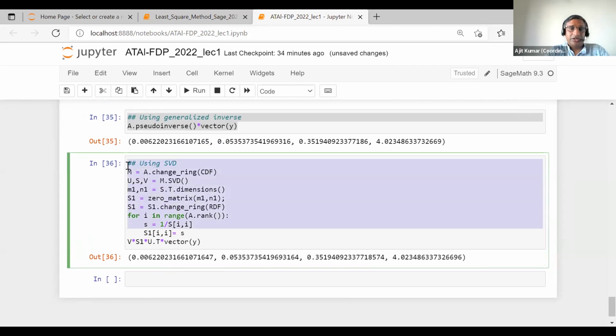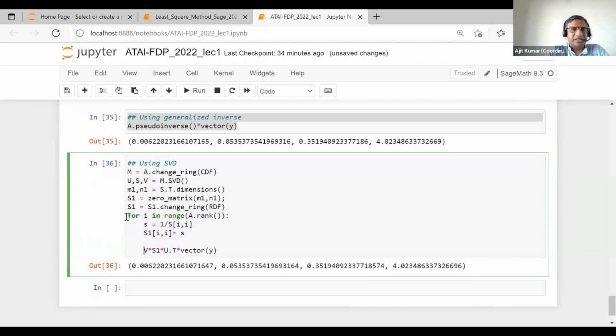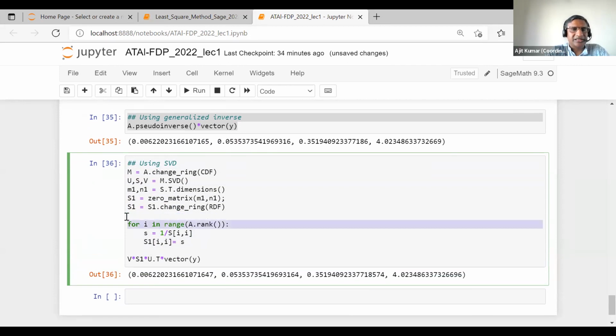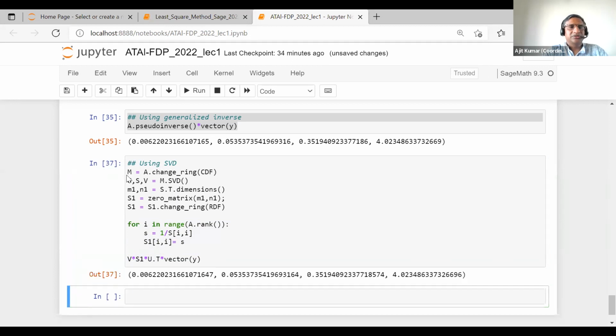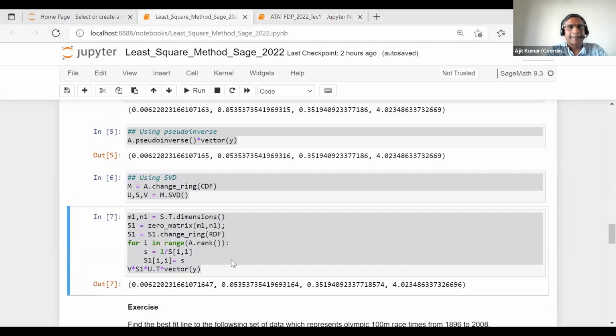Okay. So I already explained this. You can see here, this part is actually finding the generalized inverse of the rectangular diagonal matrix S, and then finding V into S inverse, which is the generalized inverse of S, times U transpose times vector Y. That's exactly the same as what we obtained using singular value decomposition.